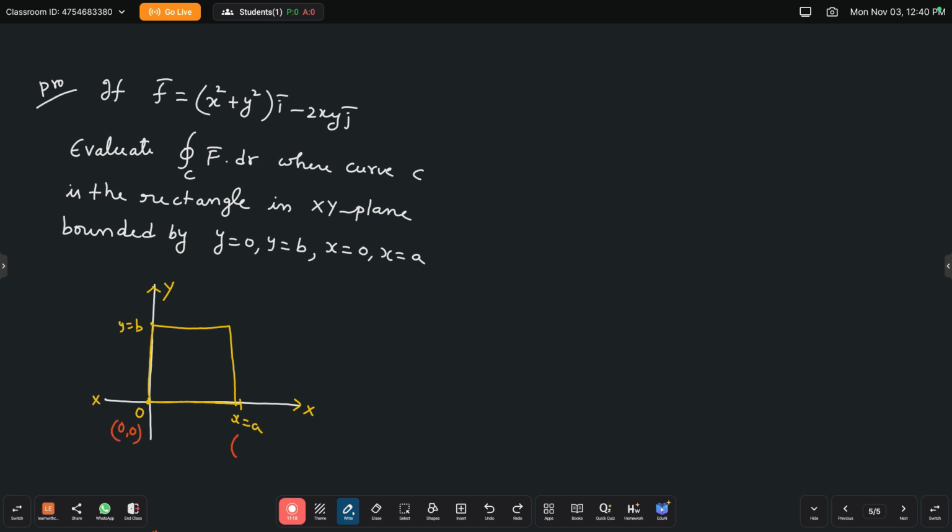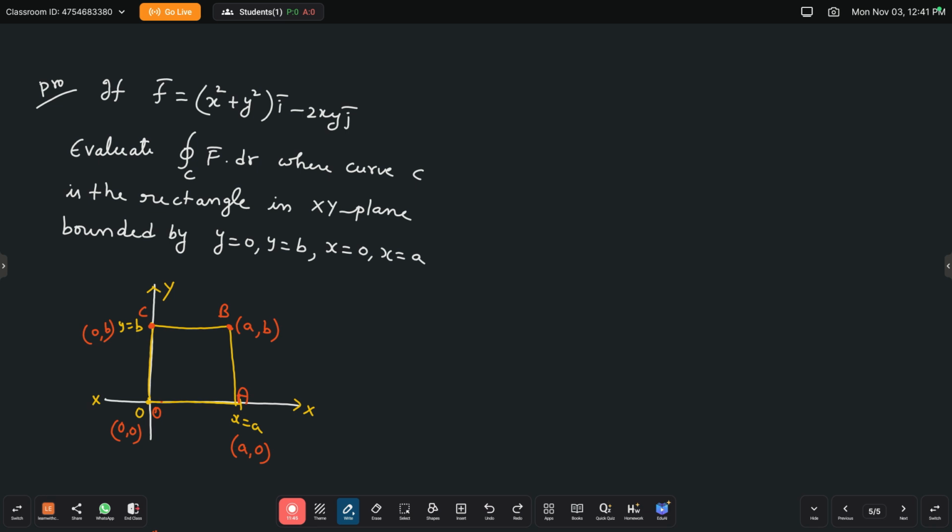And this point is a on the x-axis and 0 on the y-axis, so a comma 0, and this point has x coordinate a and y coordinate b, and this point has x coordinate 0 and y coordinate b. Now you can name this rectangle O, A, B, C. OABC is now a rectangle.